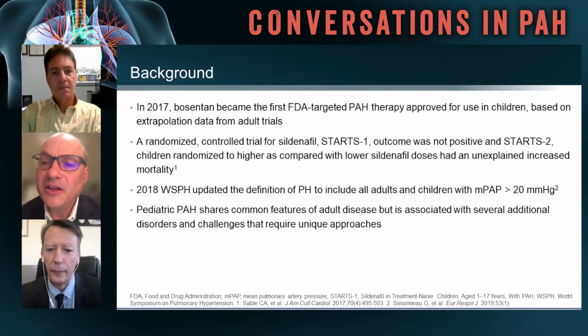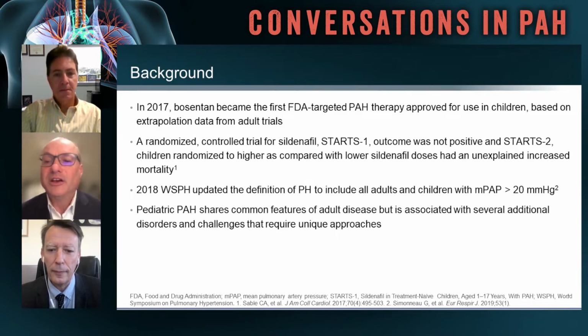Nonetheless, we have a good working group and a group of experts that give their opinion, and we have some recommendations for treatment. And as said here, one of the changes at the last symposium was decreasing the mean PA pressure to 20 for the diagnosis.